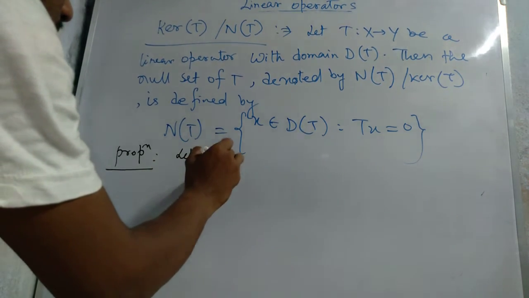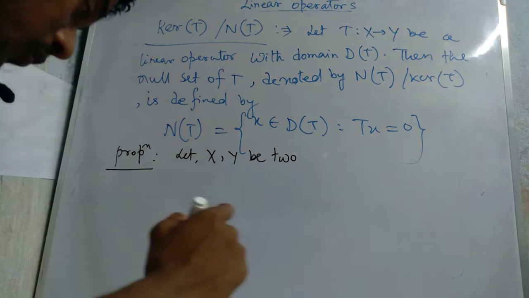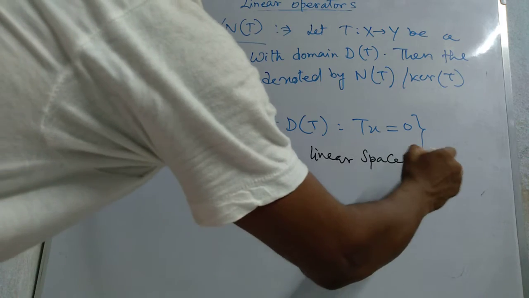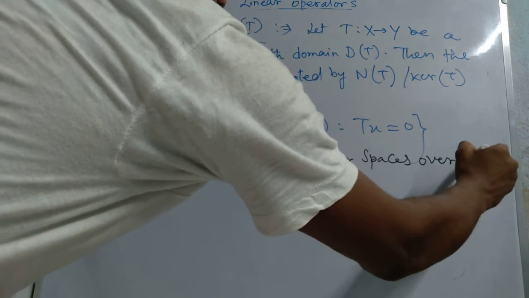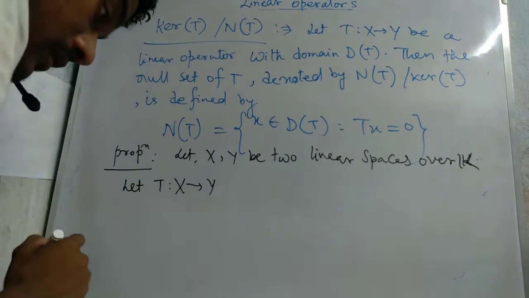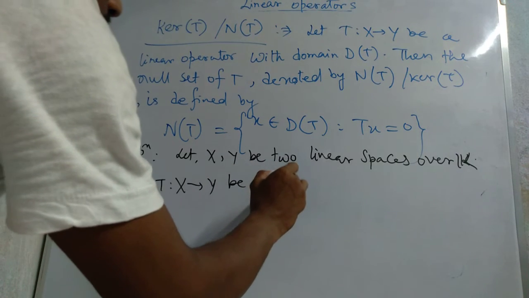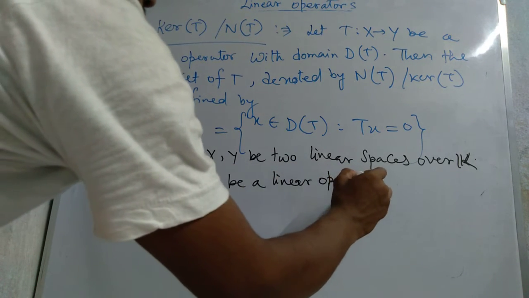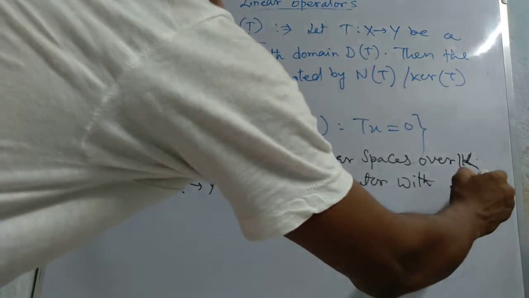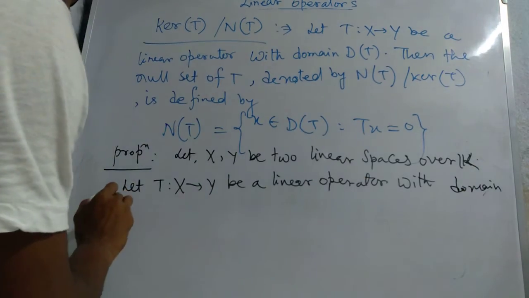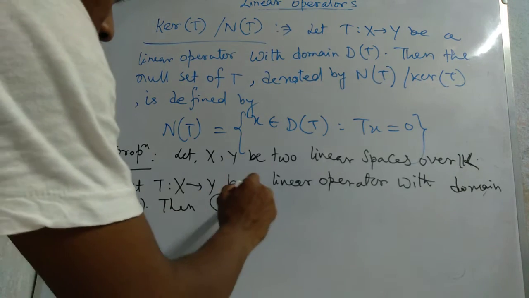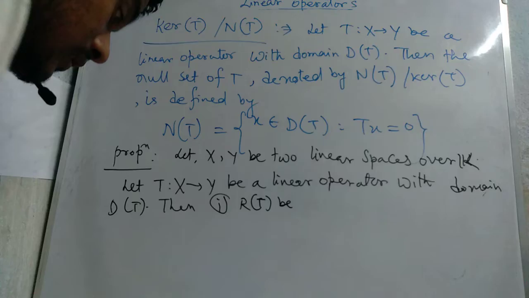Let X and Y be two linear spaces over K, and let T from X to Y be a linear operator with domain D(T). Then first we have to prove that R(T) is a subspace of Y.